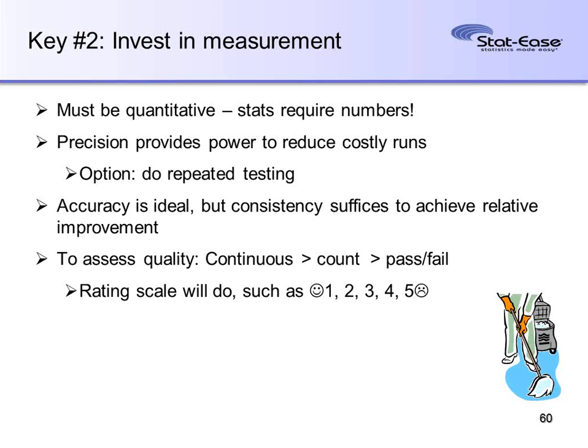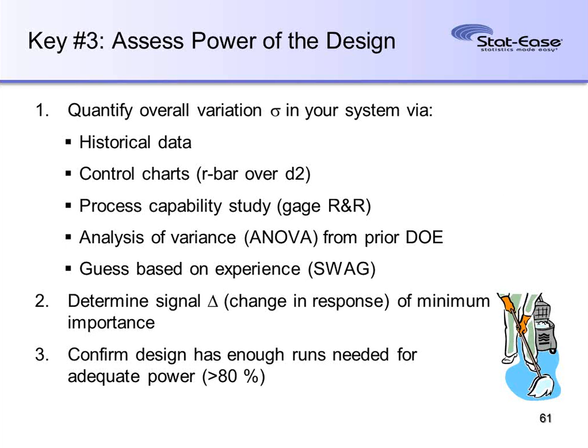If you really do have pass-fail data, maybe you can put it into a rating scale, such as a 1 to 5 rating. And rating scales work very, very well for data analysis. Just make sure the scale is big enough and people are trained in how to use it so that you get consistent scores when you're doing your ratings. So invest in your measurement in order to have good data analysis results.